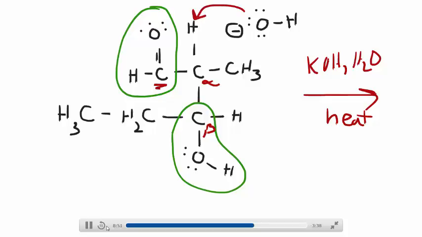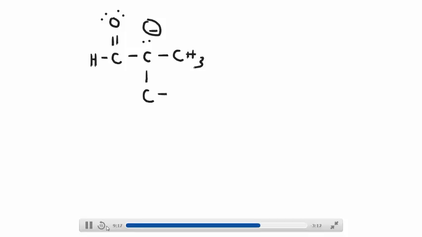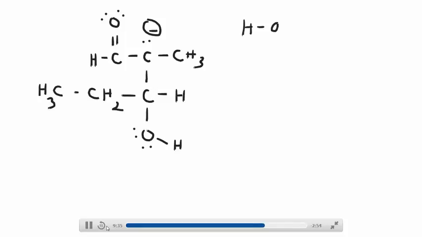So it will come in here and remove this particular proton, and you'll give electrons back to the alpha carbon. And this will make a new enolate.